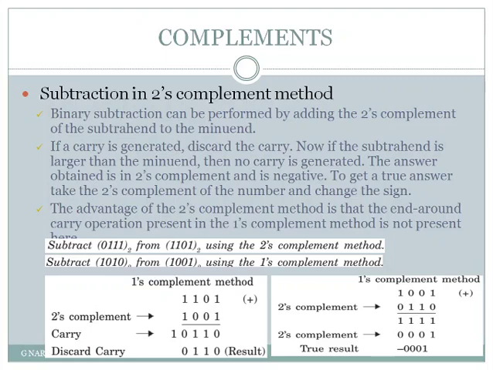After ignoring it, whatever remains is the result of the subtraction using the two's complement method. But if the subtrahend is larger than the minuend, no carry will be generated, and the answer obtained is actually in two's complement form. So to see the actual result, you have to take the two's complement of the number and put a negative sign.